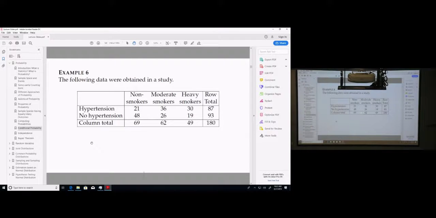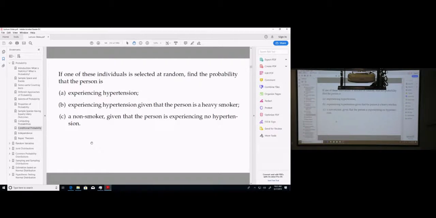You think of it as marginal, the margin according to the non-smokers, and then this number is the grand total. I think when we are dealing with contingency tables, we will come back to this kind of notation. If one of these individuals is selected at random, find the probability that the person has hypertension.